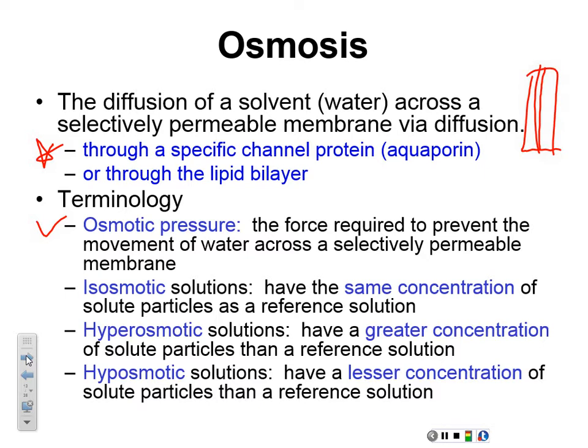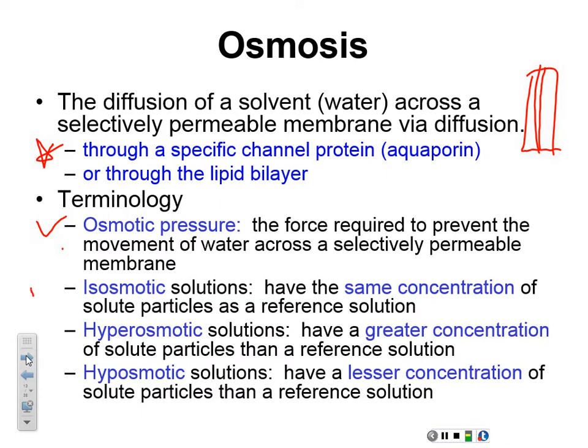Okay? Because it's movement of solvent molecules from high to low concentration. So it will be the force required to prevent movement of water, because that's how you can measure it, towards a solution. All right, through a selectively permeable membrane.